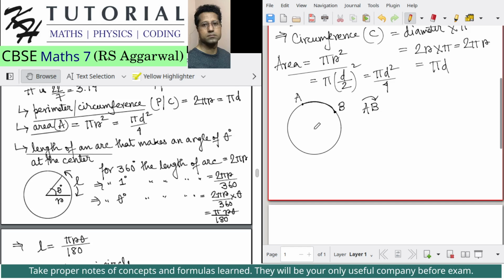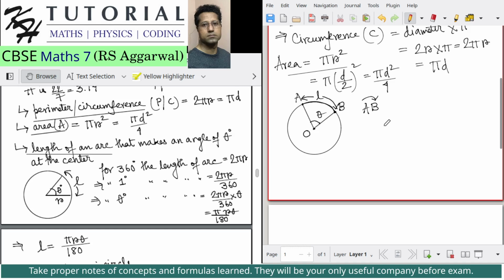Now, let's say the center of the circle is O. If you join the endpoints of the arc with the center, that is AO and OB, then AO and OB make an angle. Let's say this angle is theta. Now let's say the length of this arc, the part of the circumference from A to B, is L. This is the length of the arc.